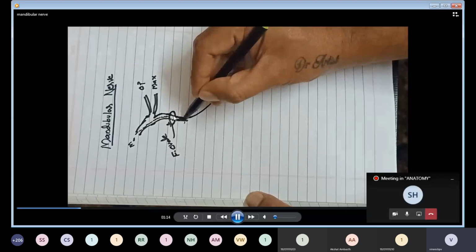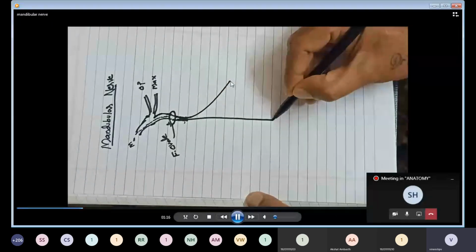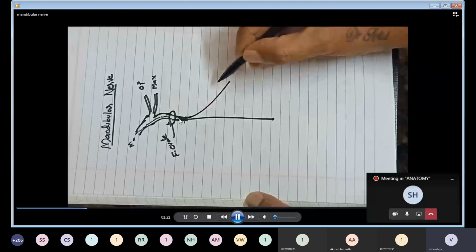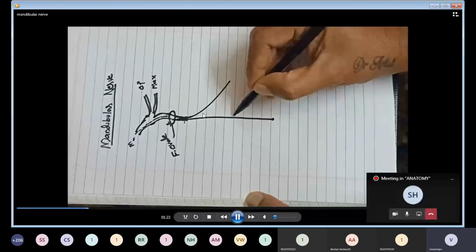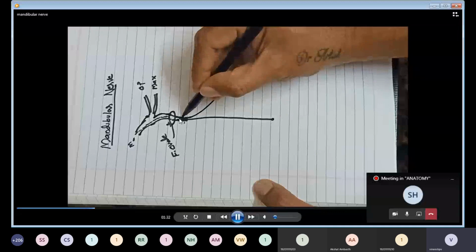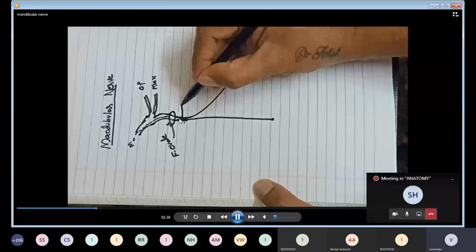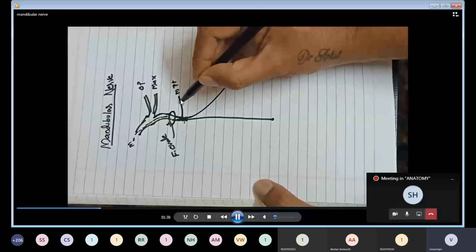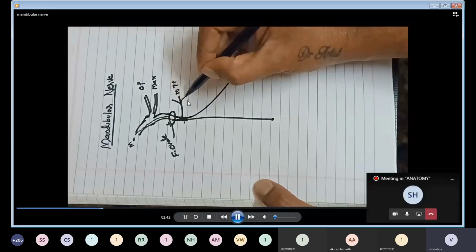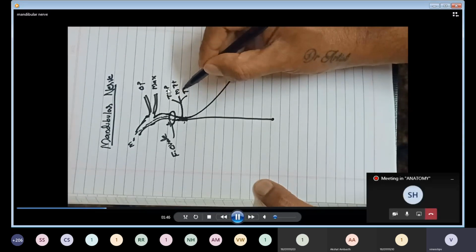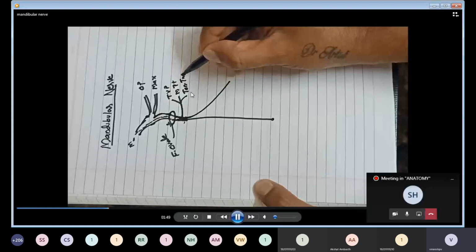Immediately it divides into an anterior division and a posterior division. The trunk is around 2 to 3 millimeters in length. Now from the trunk, it supplies the medial pterygoid muscle, and it also supplies tensor tympani and tensor veli palatini.